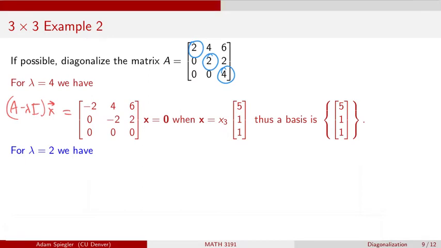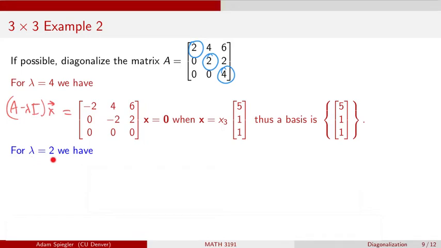So therefore, I know the vector 5, 1, 1 is a basis for the eigenspace for the eigenvalue lambda equals 4. So now I've got one eigenvector so far.